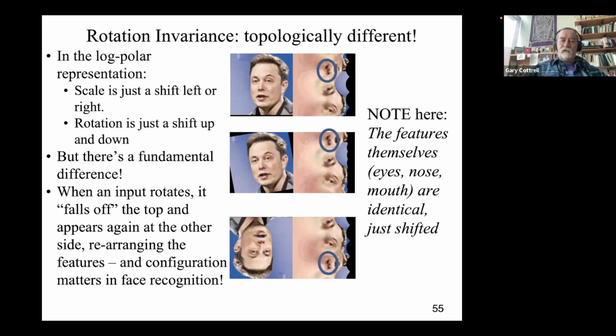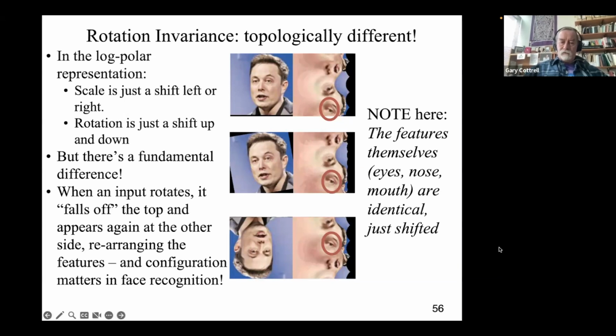And another thing to notice here is that the features themselves are still identical. So all of these noses are the same. All of these eyes are the same. So they're just shifted up and down. So it's a common story told by psychologists that when we invert a face, we resort to feature processing only.